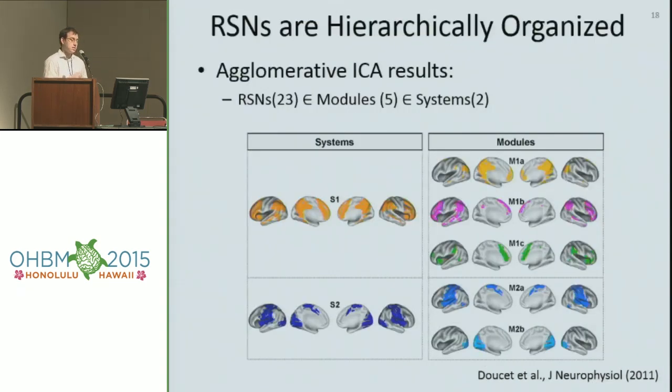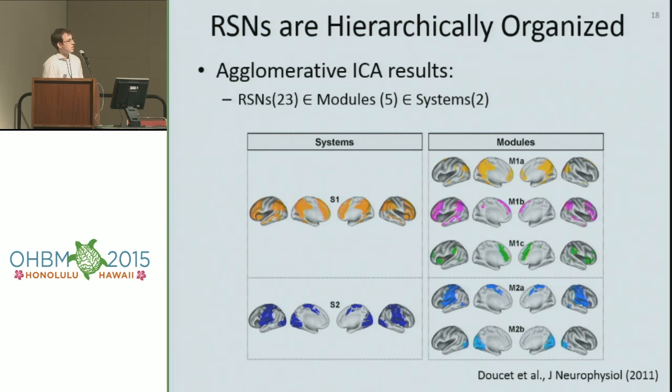So a similar principle and structure has been found using independent component analysis. In this example, the authors did a very high dimensional ICA across a large number of subjects, and then used an agglomerative clustering method to build modules and then build systems out of these small components. So we see some of the very same topographies or same networks through the seed-based clustering approaches.